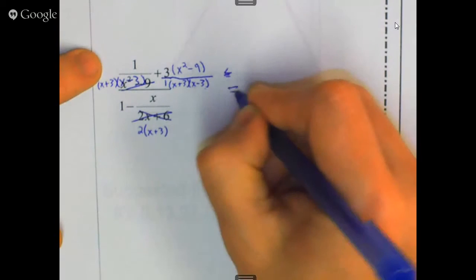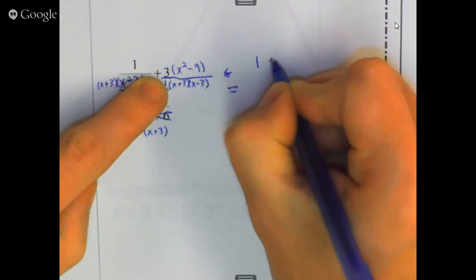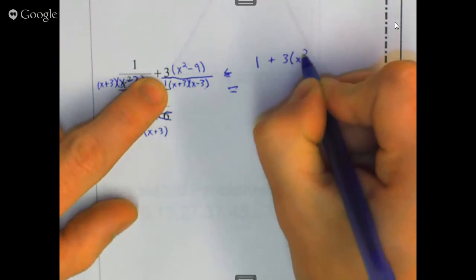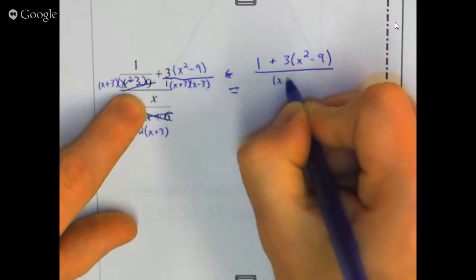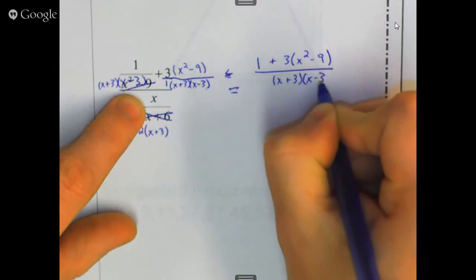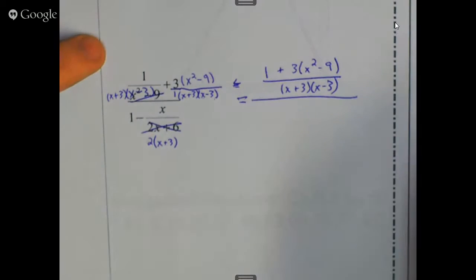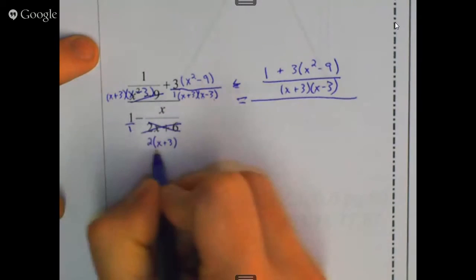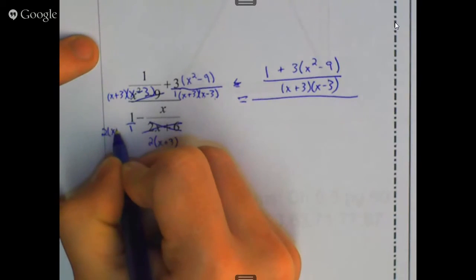So in the top here, I have 1 from this side plus 3 times x squared minus 9 over x plus 3, x minus 3. Divided by, now we got to do the bottom. Well, this is 1 over 1, but I need this 2. I need 2x plus 3.